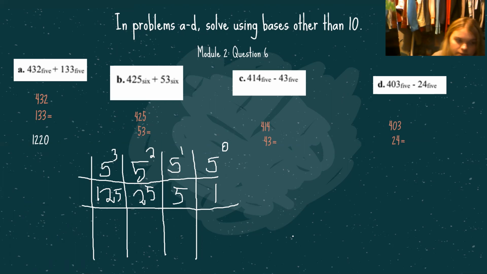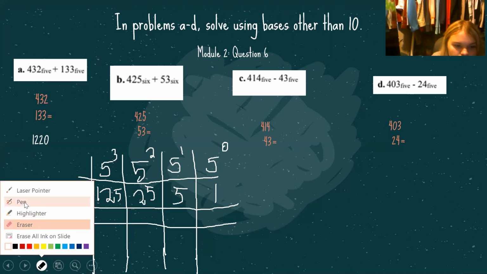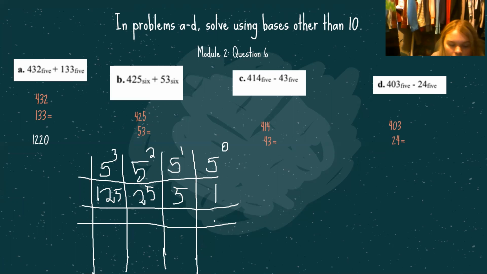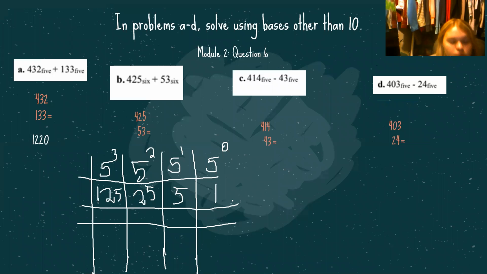So, based on this chart here, we are going to have our numbers. Let me extend this a little bit. So we'll write out our 432. Actually, we're going to represent these as dots.